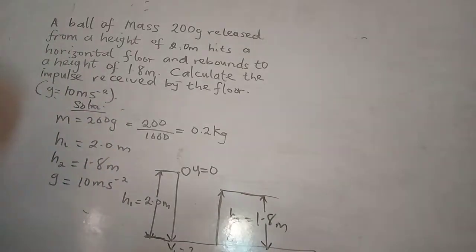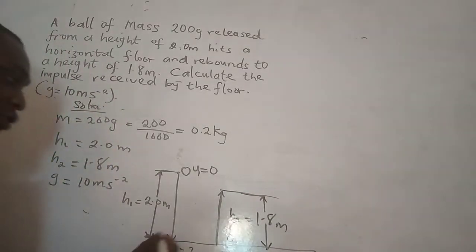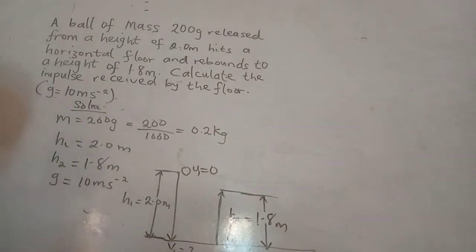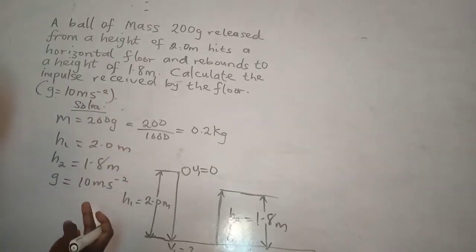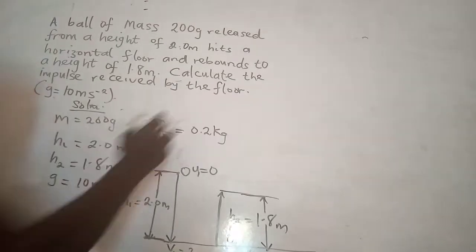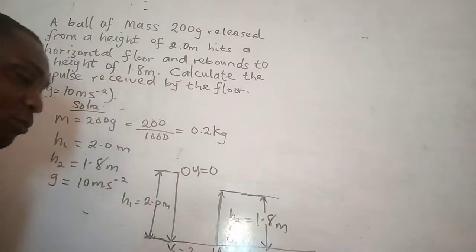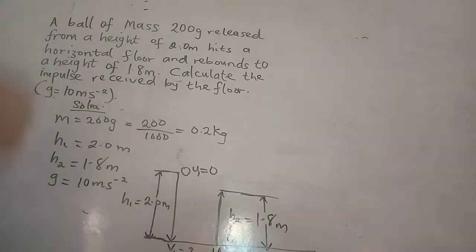Now, as the object hits the floor, it impacts the floor for a very short period of time. That impact, due to that short period of time, gives the impulse on the floor. So it means that the object is going to move up with a velocity that is slightly less than the final velocity when the object impacts on the floor.